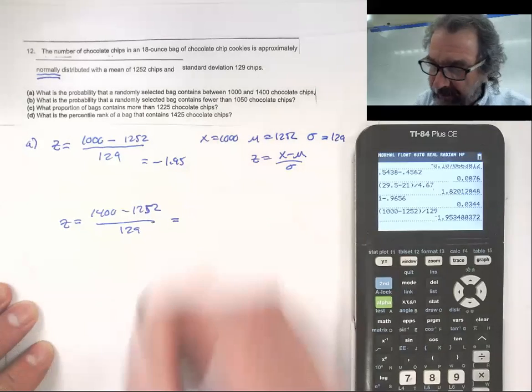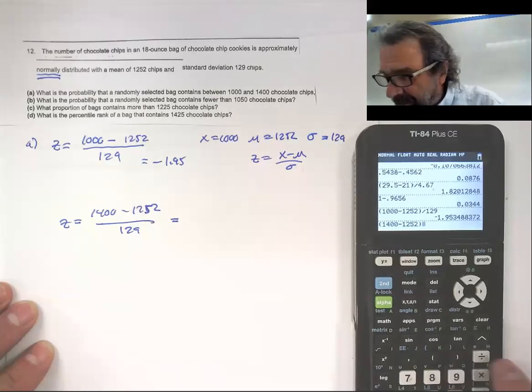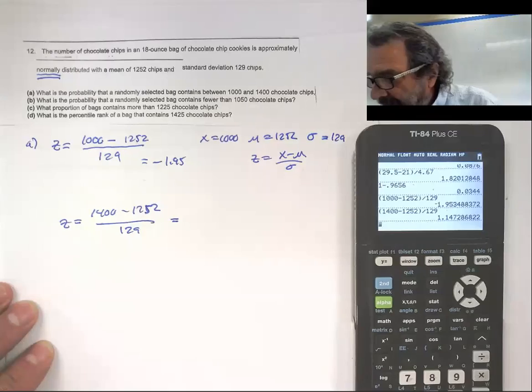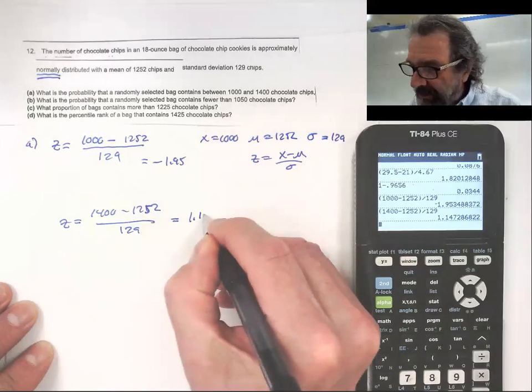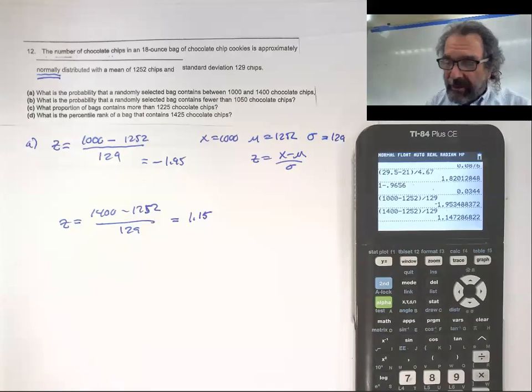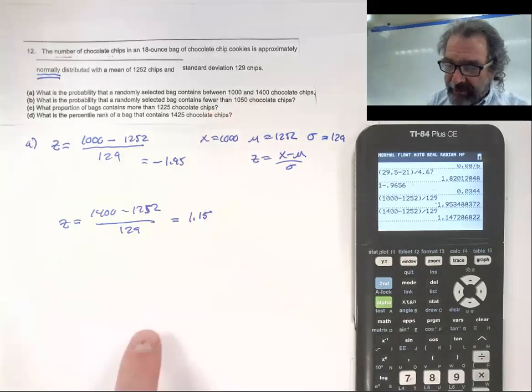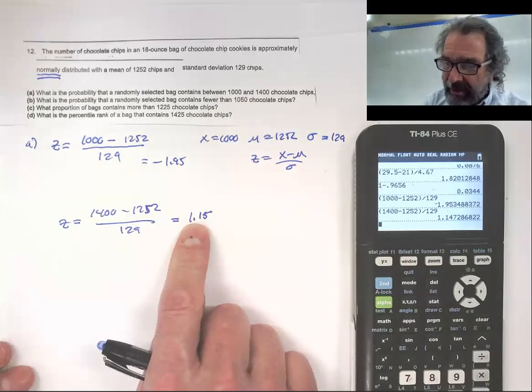And here, 1,400 minus 1252 divided by 129 is 1.15. I'm rounding, so we only get to use those two places in the tables. And we want between those two values. So we'll get the two probabilities here and subtract.